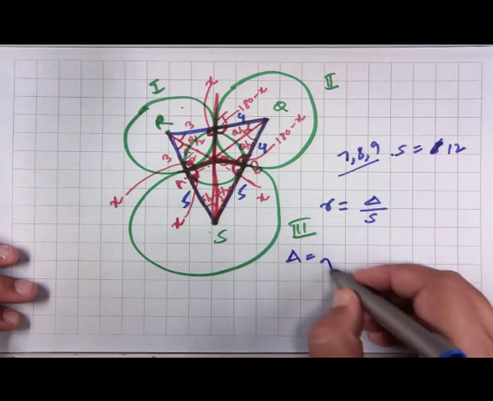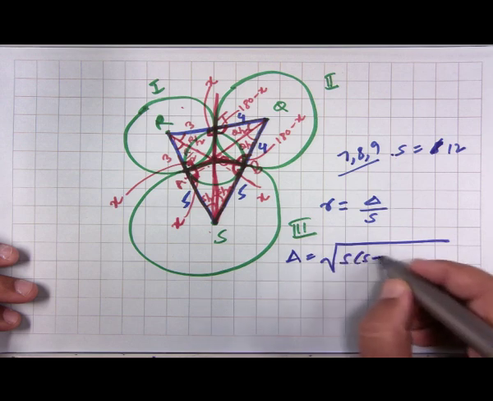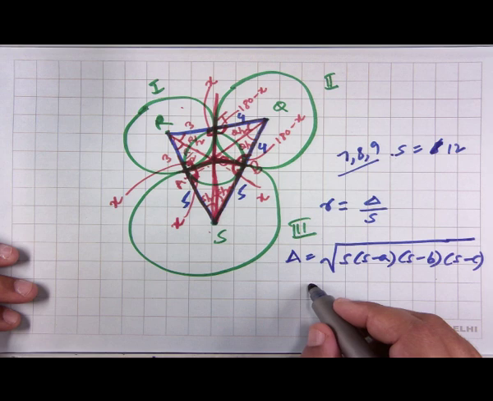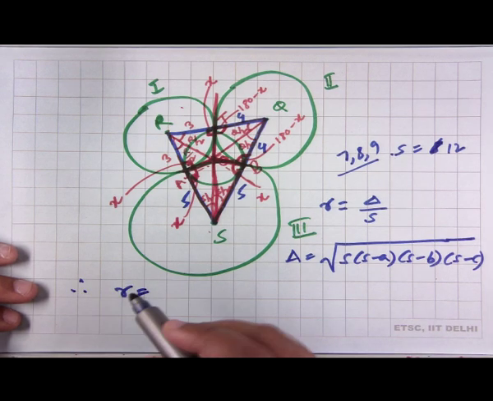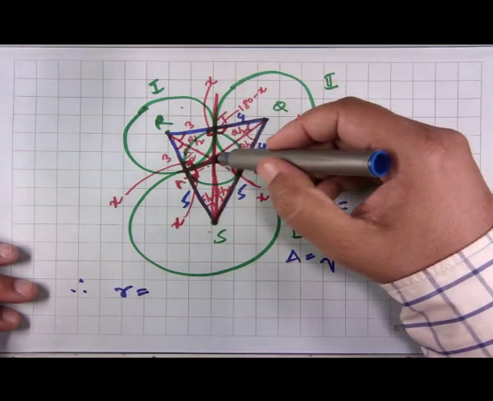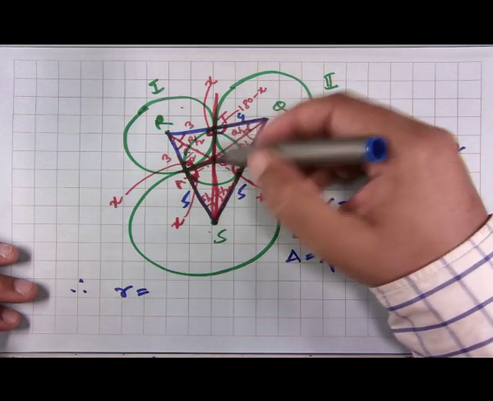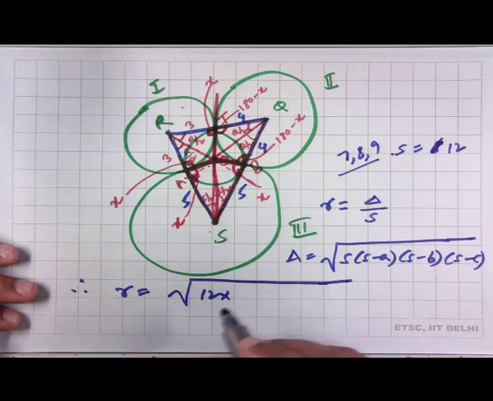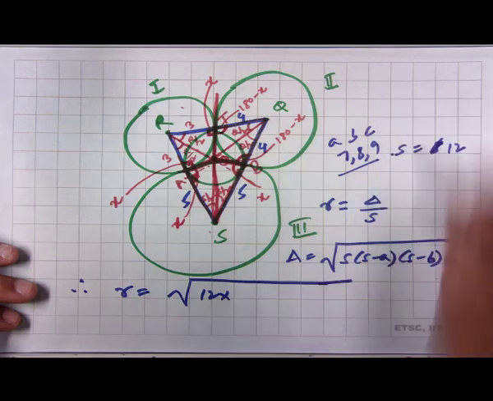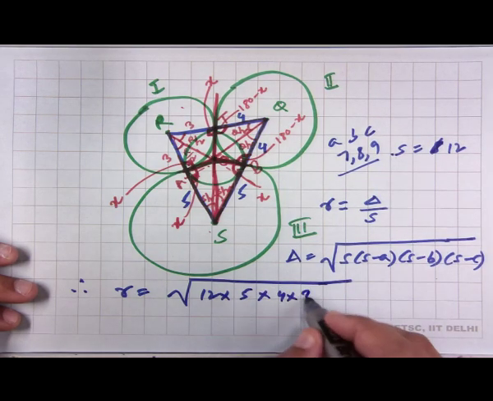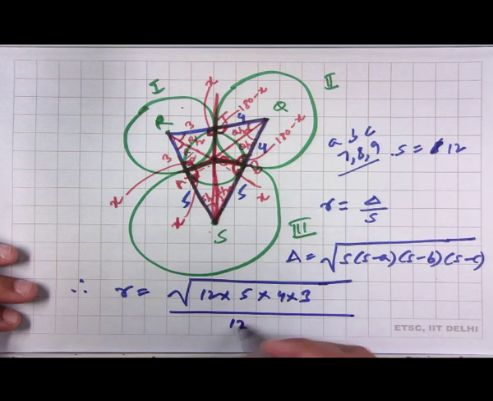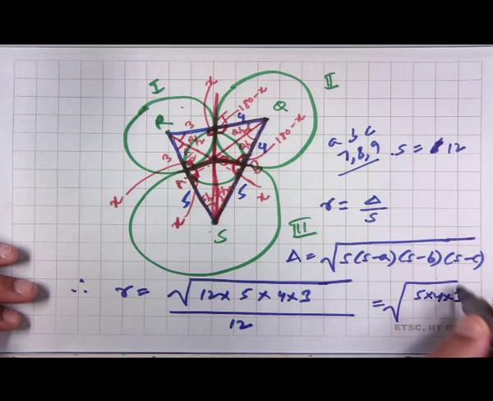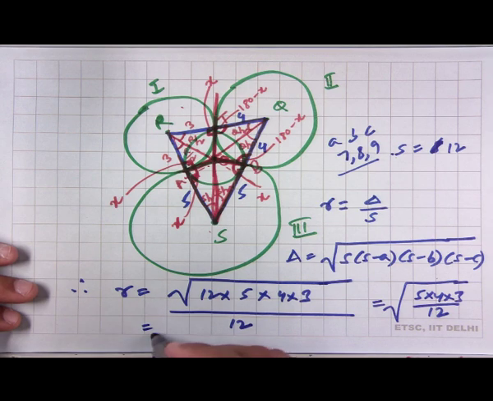The area is equal to the square root of S into S minus A into S minus B into S minus C. Therefore, the inradius, which is equal to the distance of the point of intersection of the tangents to the point of contact, is equal to square root of 12 into, so 12 minus, let these be A, B and C, so 5 into 4 into 3, divided by S. So, this will be equal to square root of 5 into 4 into 3 over 12, which is equal to square root of 5.